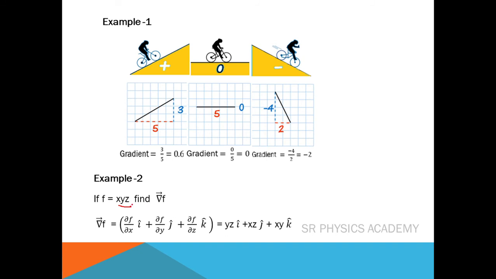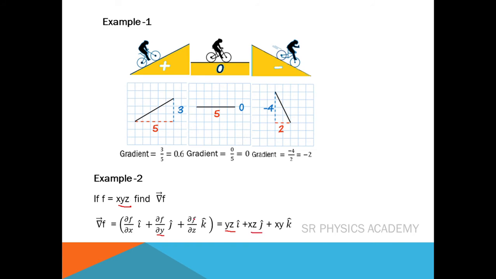See, dou f by dou x, with respect to x, what we will get is yz, so yz i cap, where i cap means i vector. Next, dou f by dou y, with respect to y, y will go, then xz. So we will get xz.